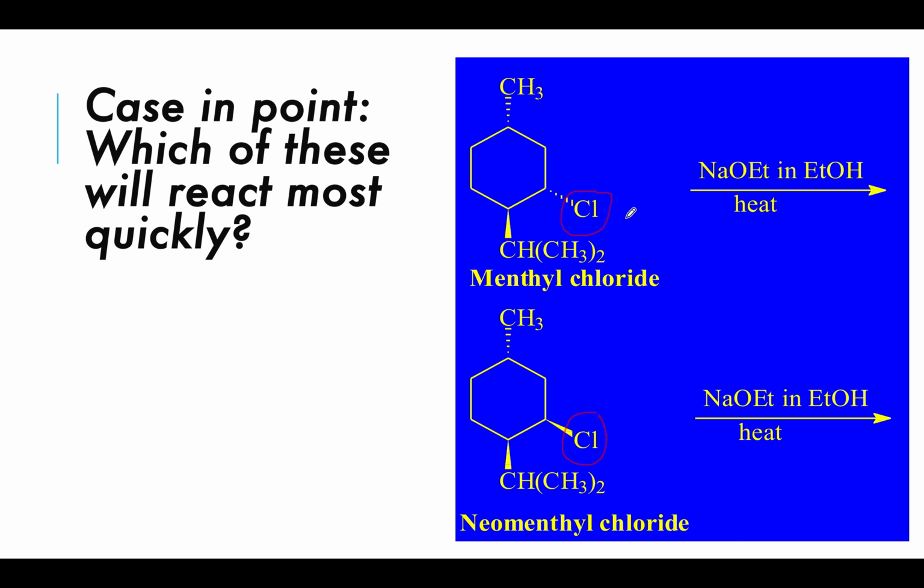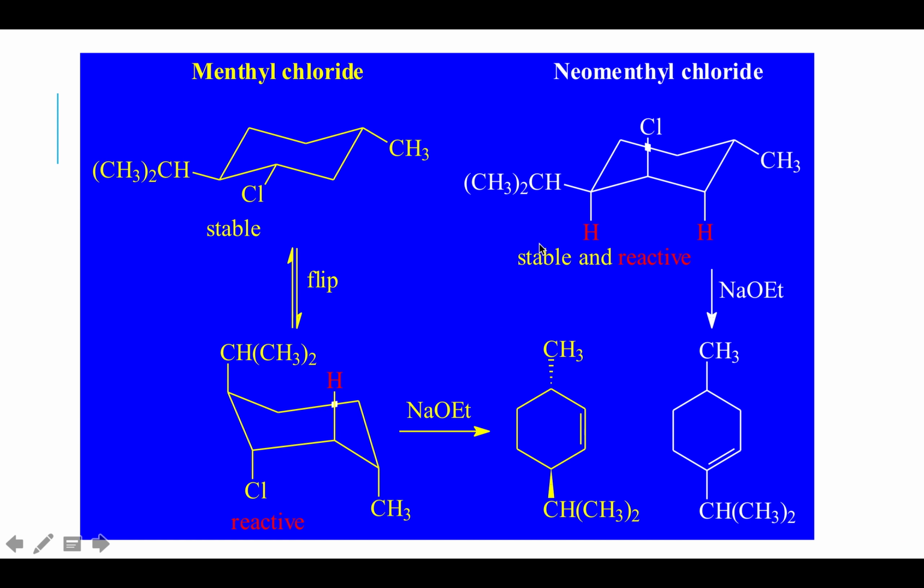You have to draw both of these in the chair position. And then for each chair position, you have to decide, will wedge mean up or down, and will dash mean up or down? So obviously, if wedge means up, then dash means down. And you have to convert everything to that position. And note that up or down does not change, only axial or equatorial, depending on the ring flip.